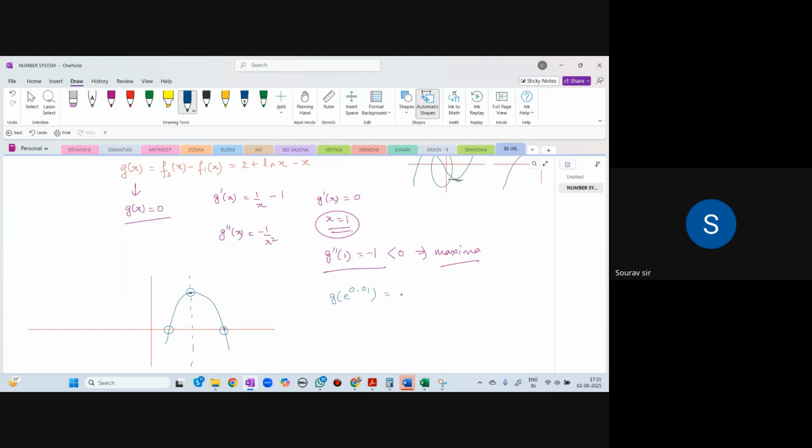So this is 2 plus ln of e to the power 0.01 minus e to the power 0.01.